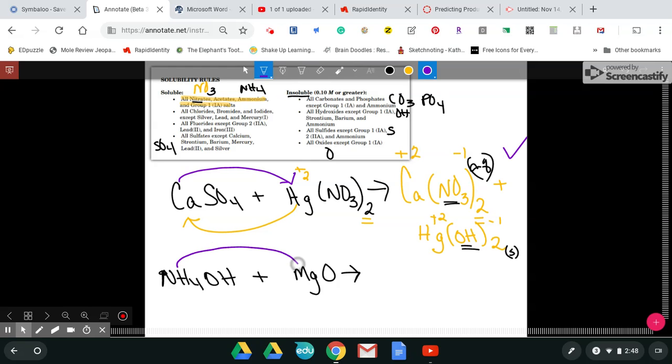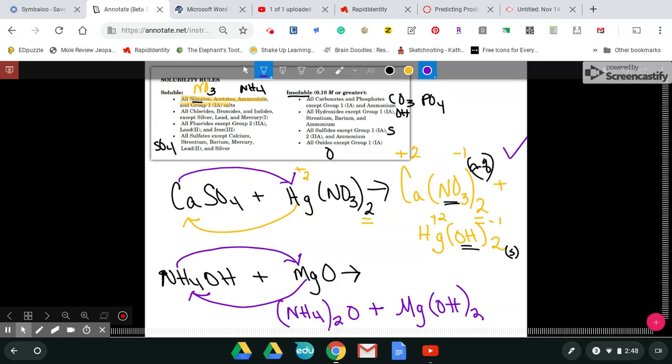So this is going to go here, and this is going to go here. And I'm going to write my products down below. So you're going to get NH4 oxide, so ammonium oxide, plus magnesium hydroxide.